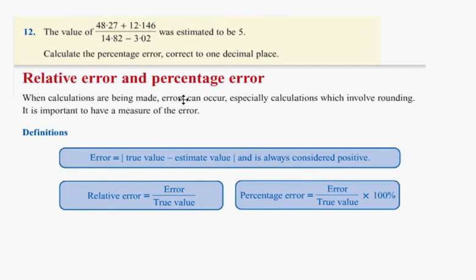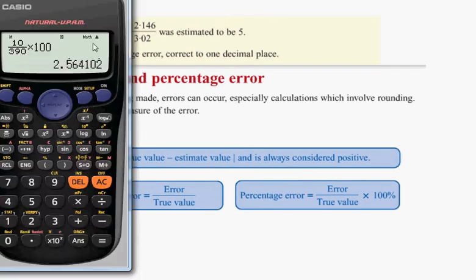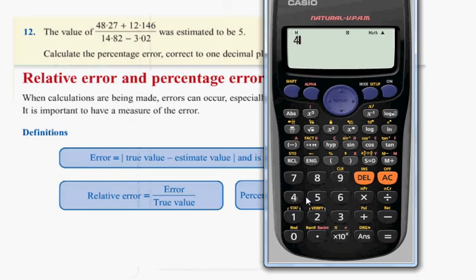So what is the actual value? 48.27 plus 12.146 equals, and then divide that answer by 14.82 add minus 3.02, close bracket. Your answer should be 5.12.